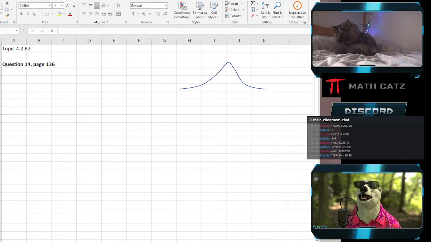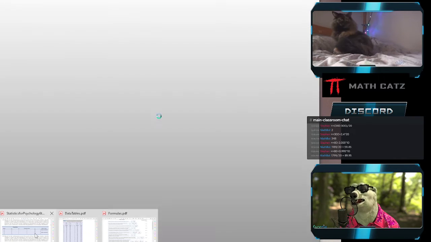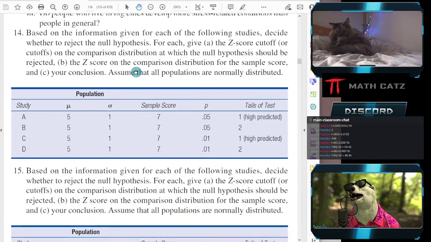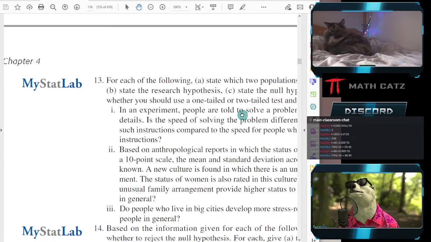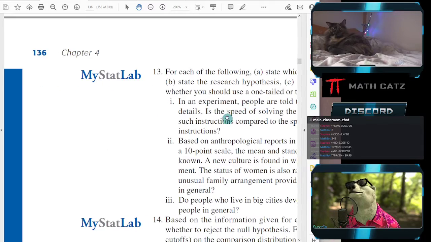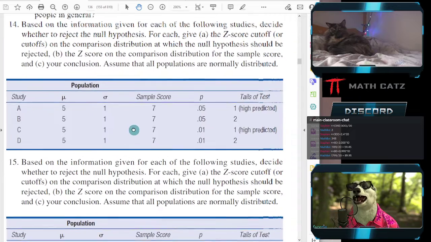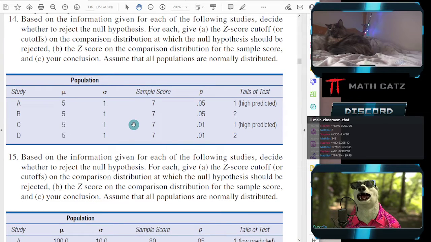We are looking at question 14, which is on page 136 in our book that we used in the B1 video as well.